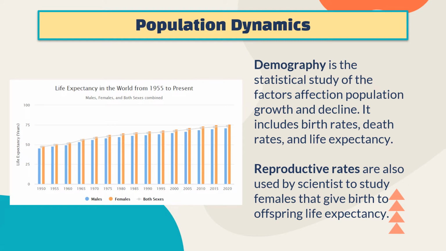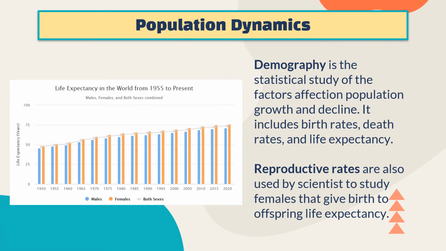So we have here the life expectancy in the world from 1995 up to present. This is categorized by the two sexes, male and female. Obviously, mas madami pa rin ang babae, pero as time goes by, nag-i-increase naman both sexes.